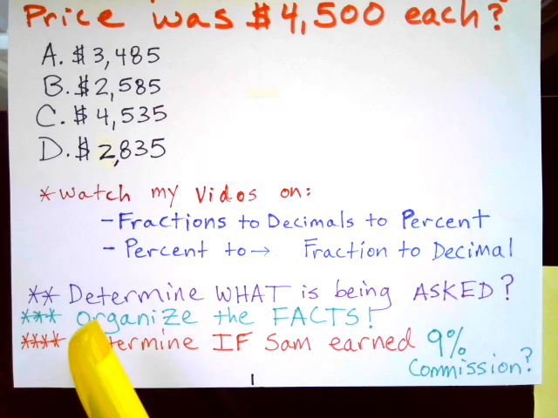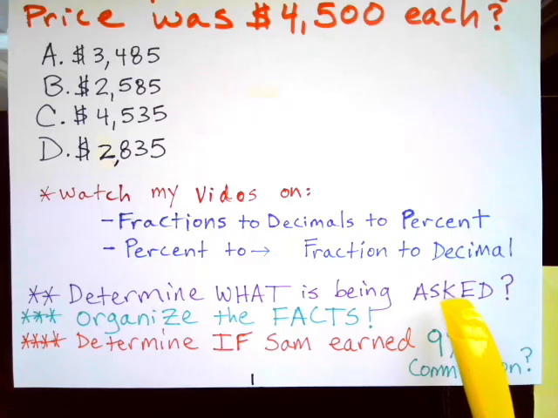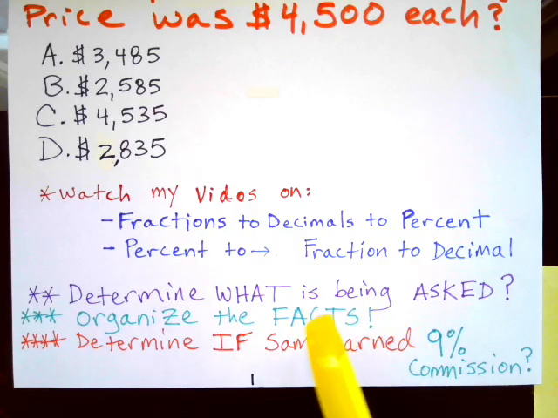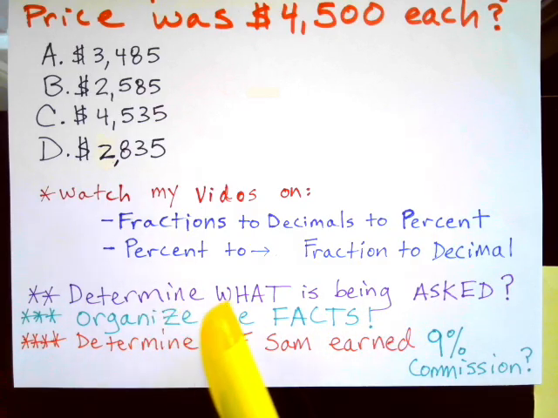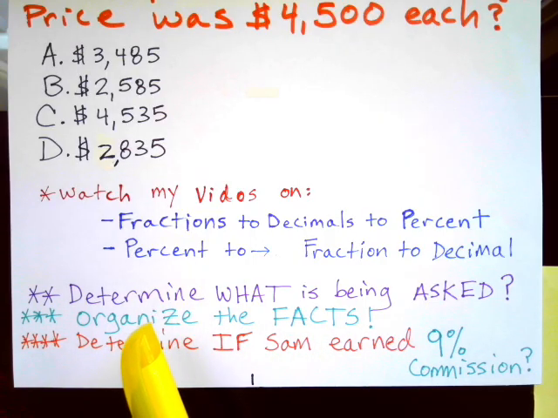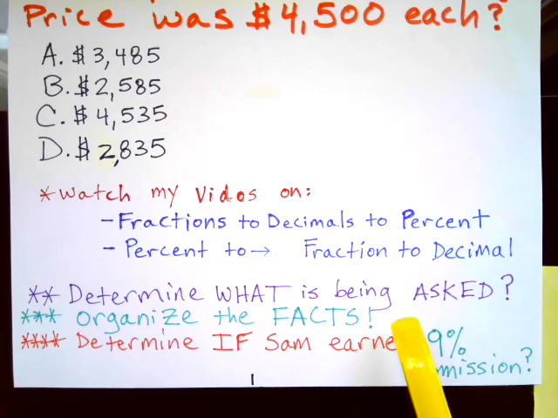First, you want to determine what is being asked. As a strategy with word problems, you want to read through the problem a minimum of 2 times, maybe 3 or 4 or 5, whatever it takes in order to understand what is being asked. Then maybe read through and organize the facts. What are some of the facts that you need to keep track of in order to answer this question?